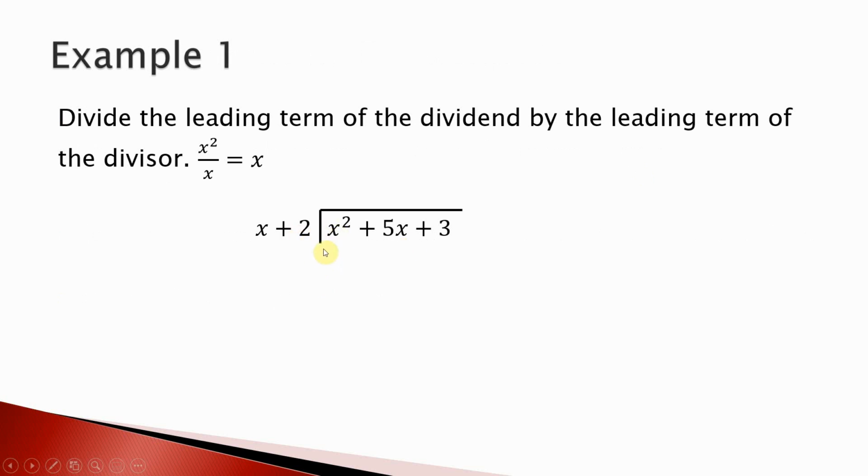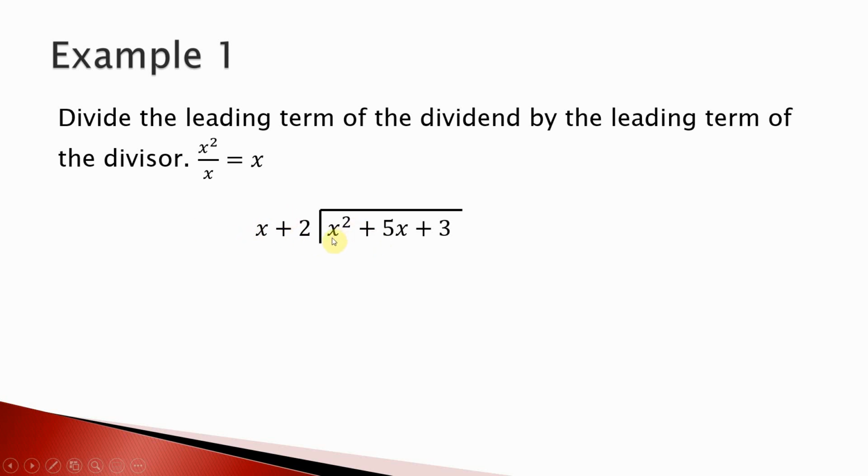So you write what you need to divide inside this and what you need to divide it by here, like this. So it's kind of like dividing numbers.